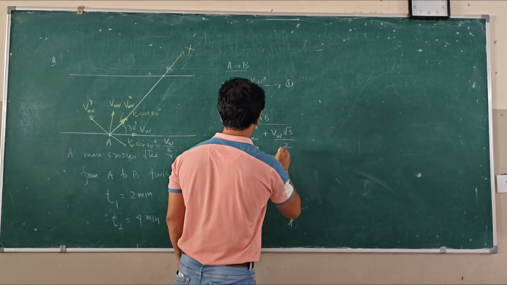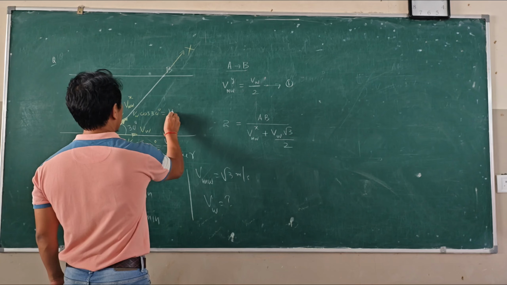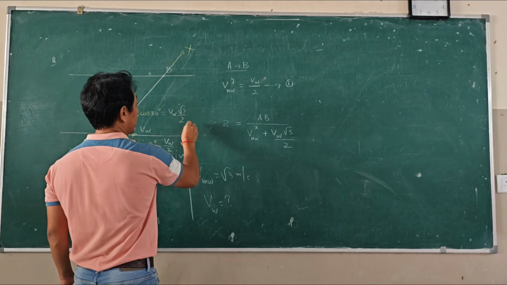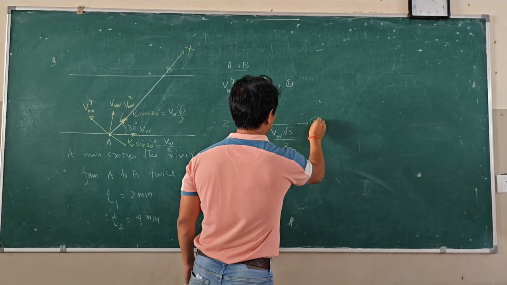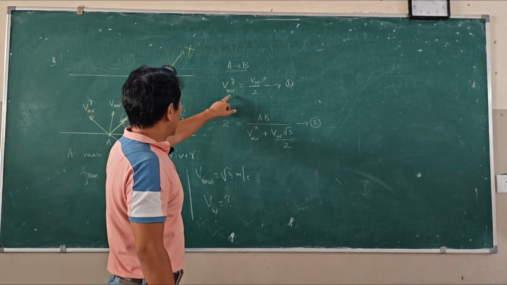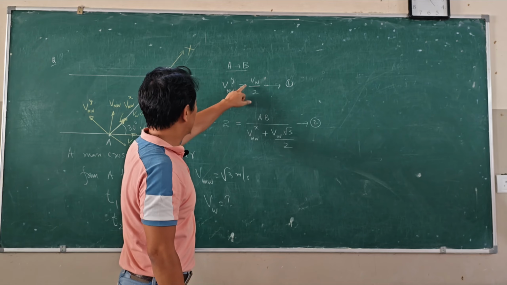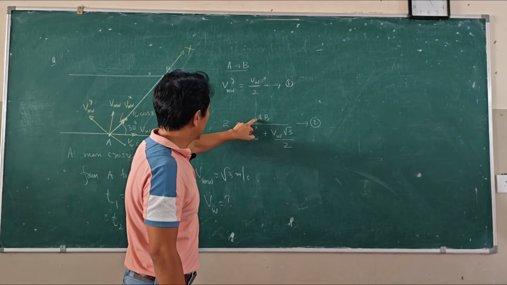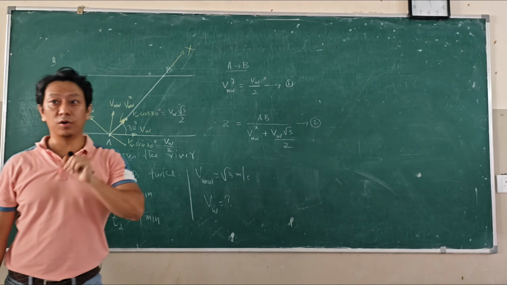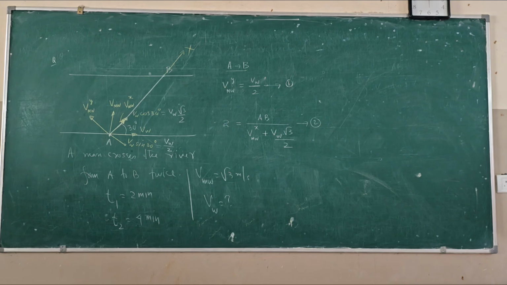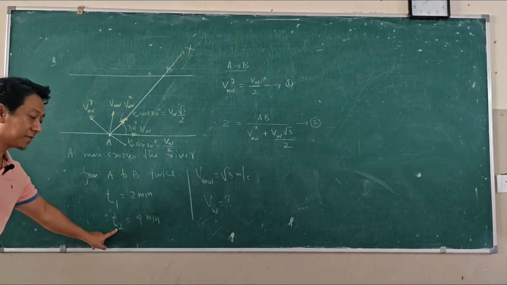Root 3 by 2. Equation 2. 1 unknown, 2 unknown, 3 unknown, 4. Right now 4 unknowns we have. So we need minimum 4 equations. 2 we have here. That other 2 will come from here.